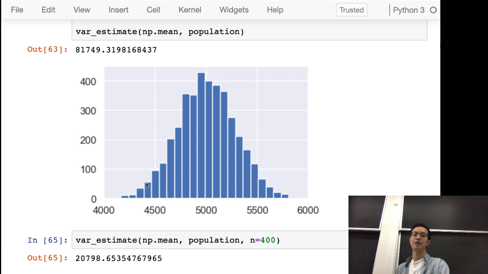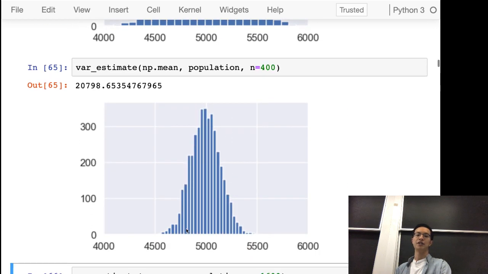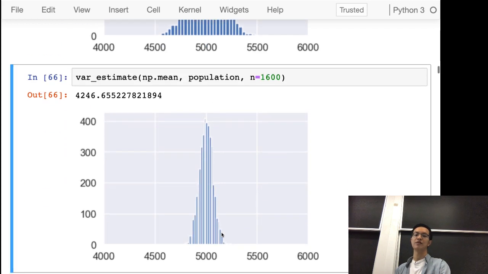So in this case, my confidence interval would go from, let's say, like 4,200 to maybe 5,800, like so. If I have larger samples, my confidence interval gets narrower. So here we go only from 4,600 maybe to 5,400, like so. And if I increase my sample size even more, my confidence interval gets very narrow.